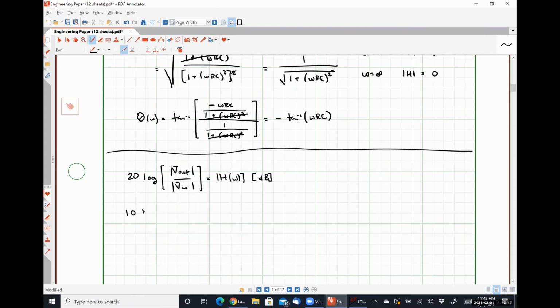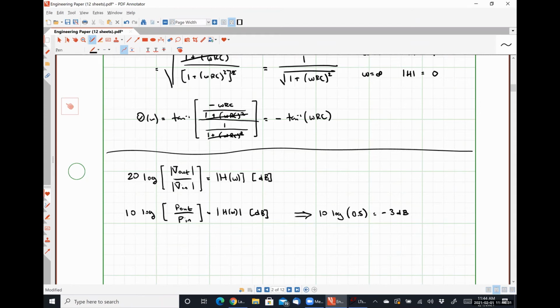Now, because of the nature of this operation, an alternative definition would be 10 log of P out divided by P in, which is equal to H of omega measured in decibels. When the ratio of P out to P in is exactly 1/2, that is negative 3 dB.